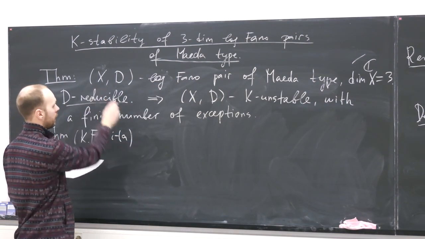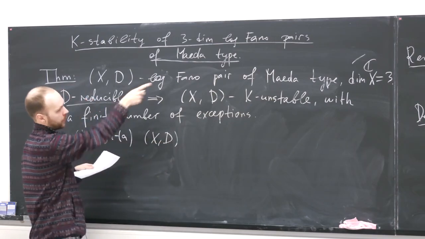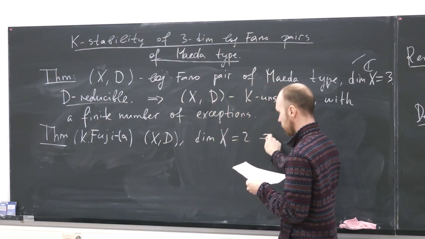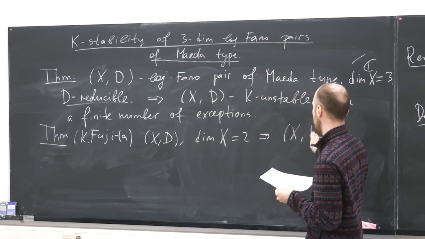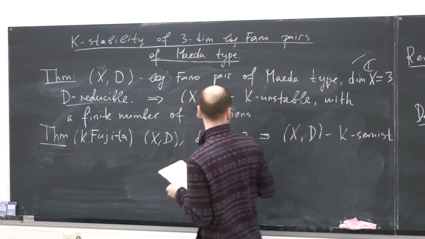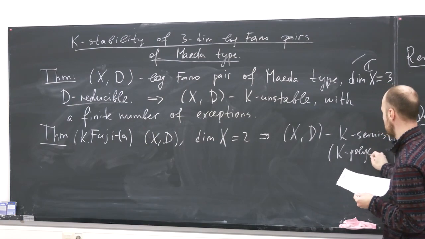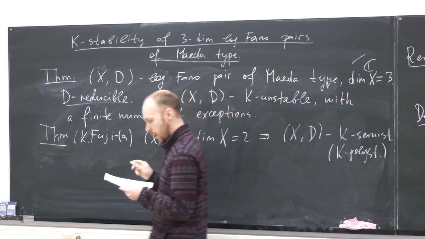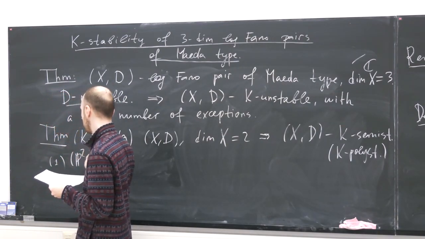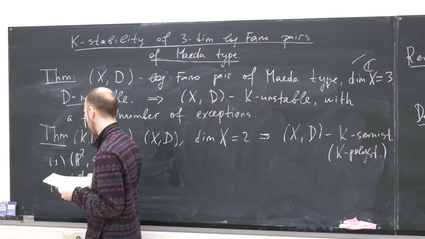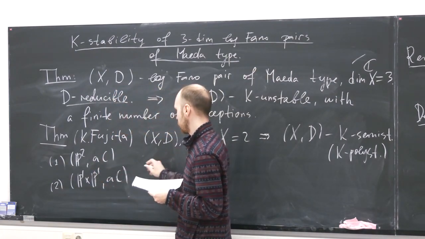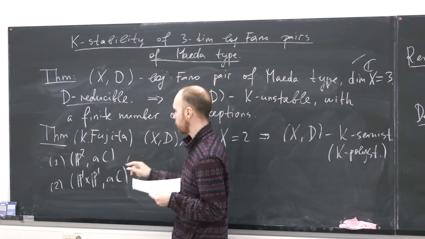So if (X, D) is a pair of Maeda type and the dimension of X is equal to 2, then this pair is K-semistable, and respectively K-polystable, whatever this means, if and only if we have either P2 with a conic, or a quadric with a curve of type (1,1).